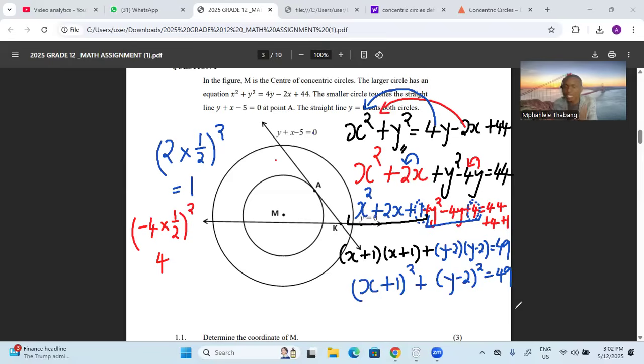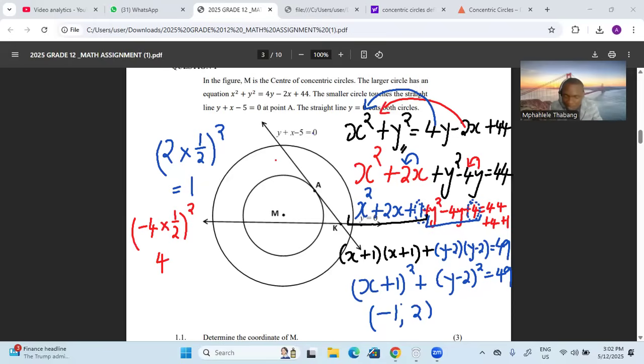Because we have taken it from the form and put it in the form whereby we can see the point of the center of a circle. So what is the point of the center of the circle? It's negative 1 and 2. So it means that the coordinates of M is negative 1 and 2. So you found the coordinates of the center of a circle.